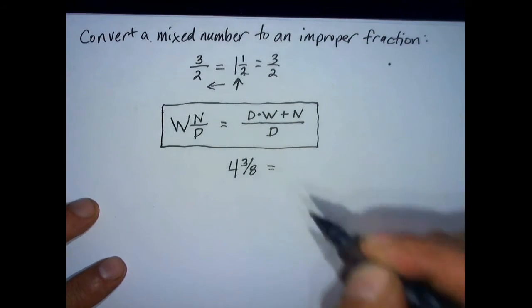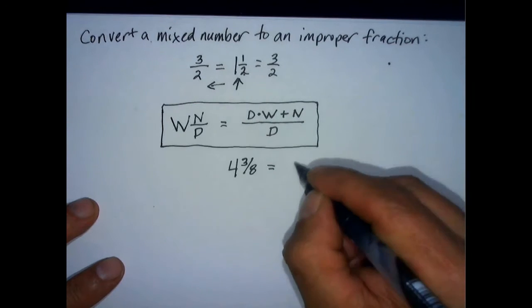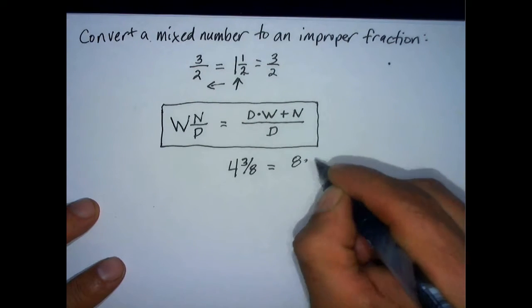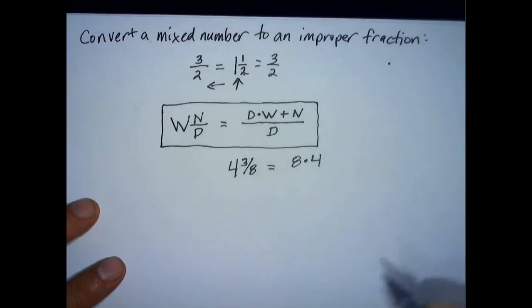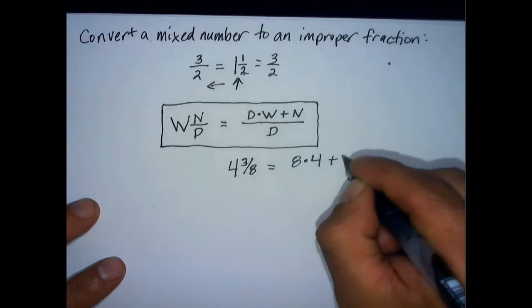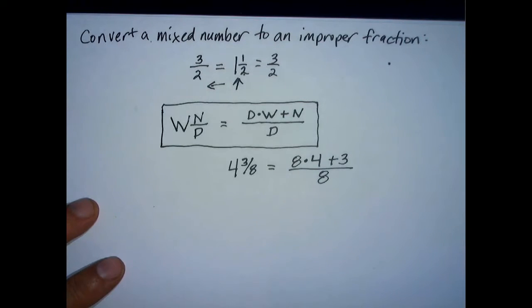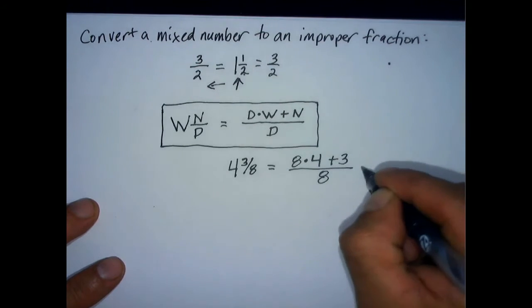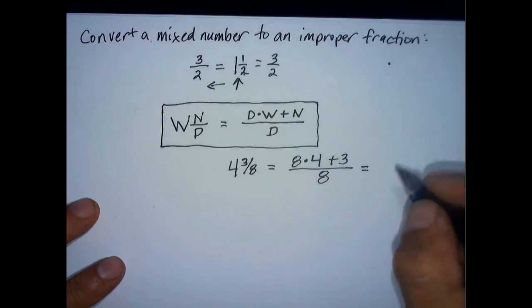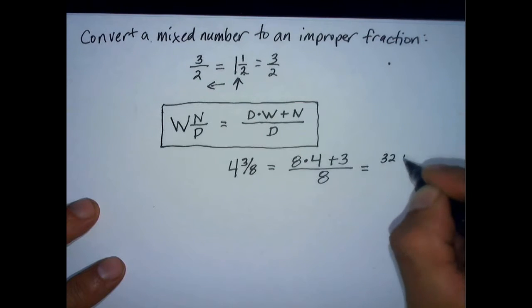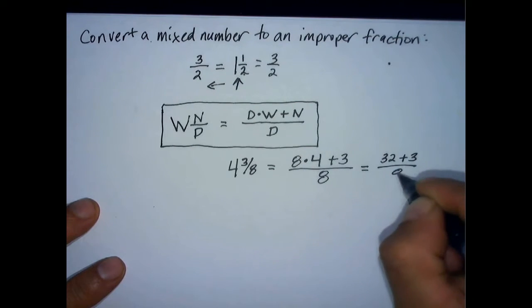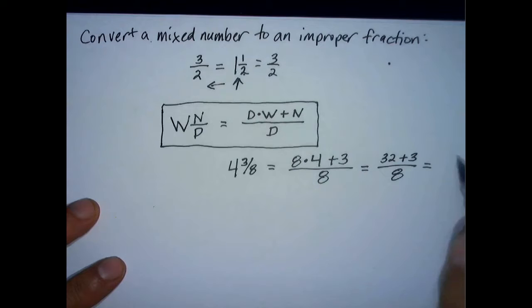We take the denominator, which is 8, and multiply it by the whole number, which is 4, and then we add 3, and the denominator stays the same. So 8 times 4 is 32, plus 3 over 8, and then 32 and 3 is 35 over 8. Not too bad.